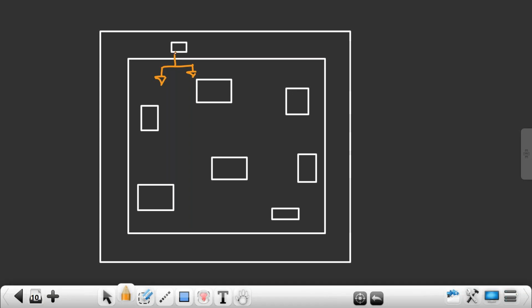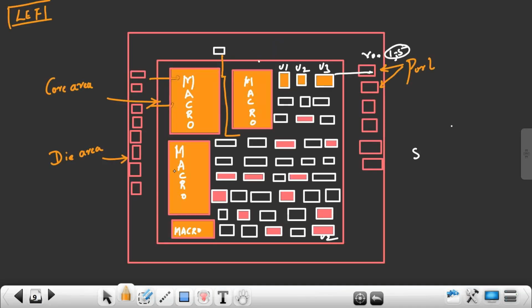Now what is the load on this clock port? The load on this clock port is only the pin capacitance of the two buffers. The load on this clock port is only how much? 2 femtofarad. In the previous case it was 100,000 femtofarad.